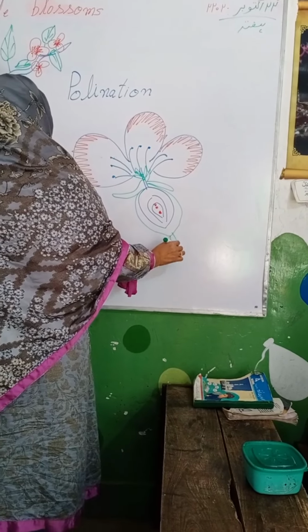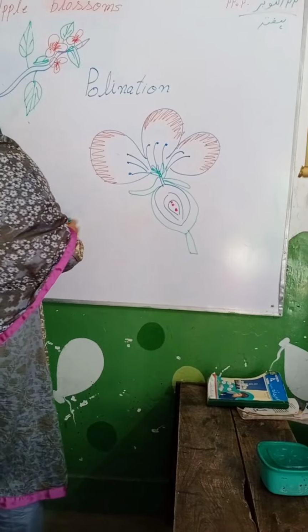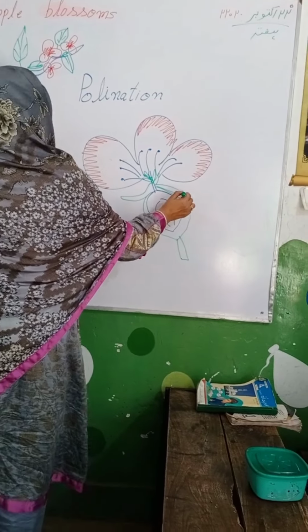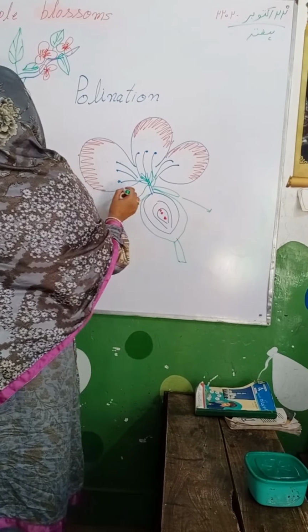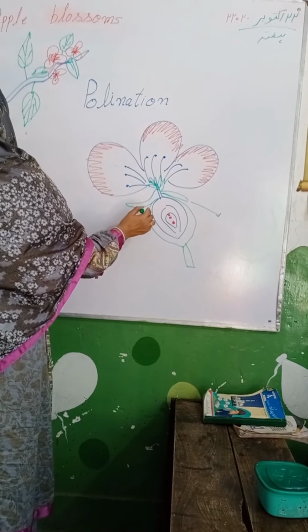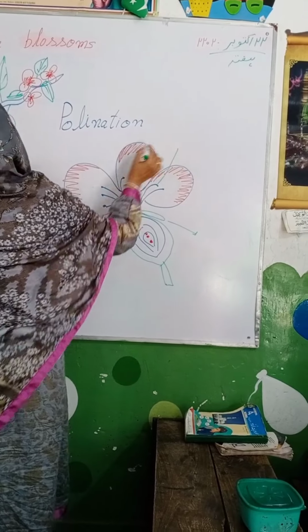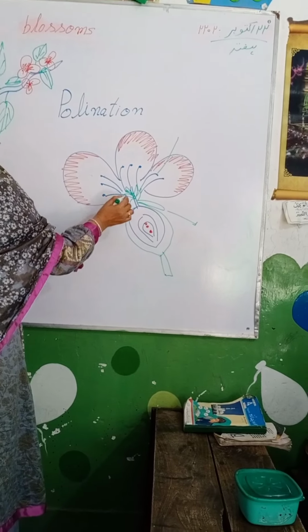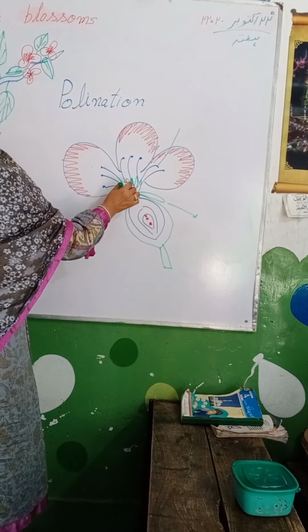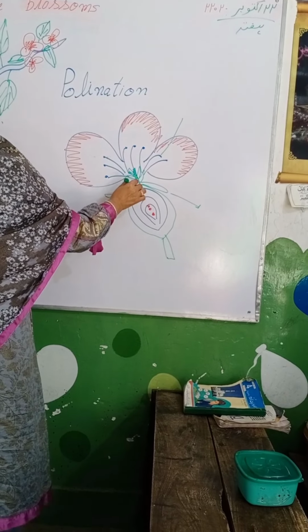Pollen usually travels from the male parts of a flower to the female parts of a different flower. This is called cross-pollination. The design of a tree's flowers shows how they are pollinated.